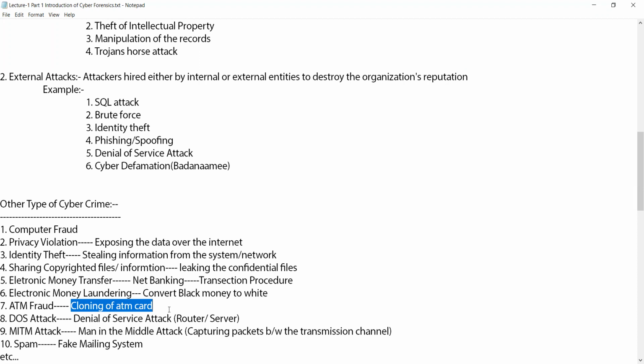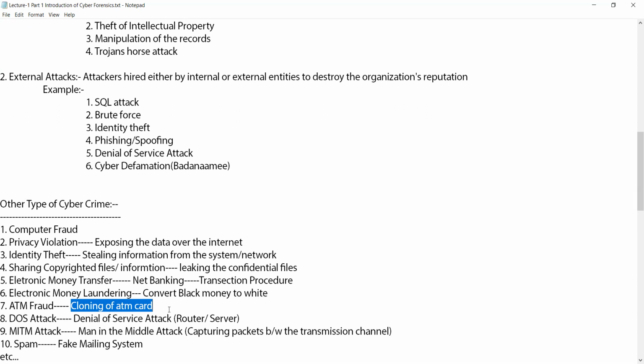You can copy the original card data to the dummy card, just like a SIM copier. So you can use that dummy card as an original card in any ATM or any machines like swiping machines or any store. Okay.